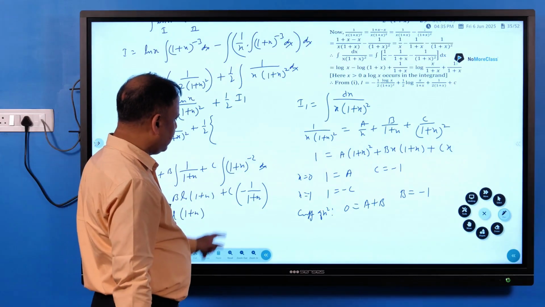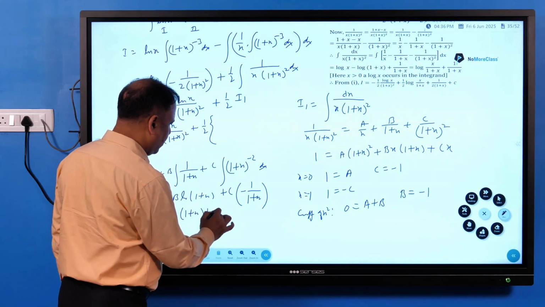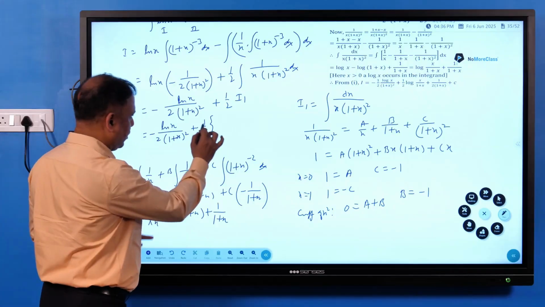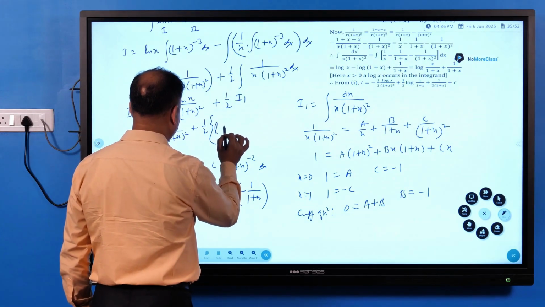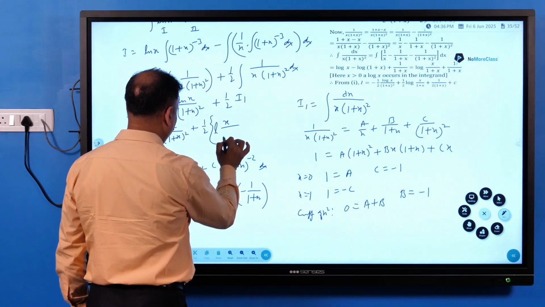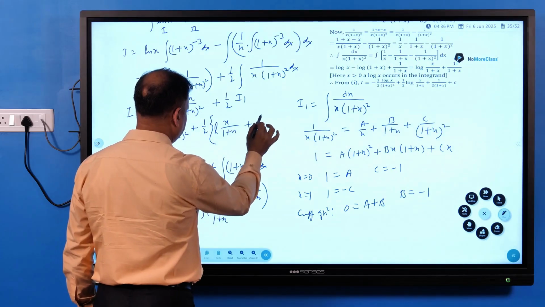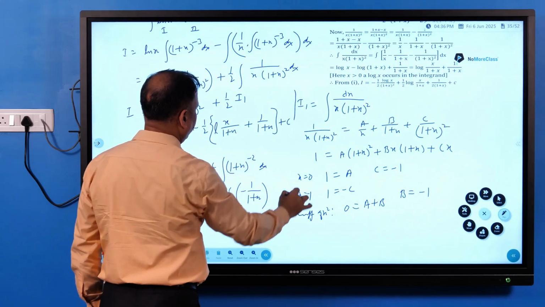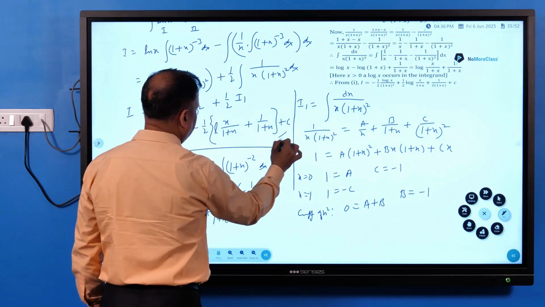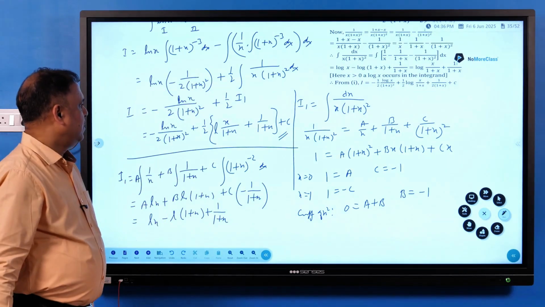And c is how much? Minus 1. So minus minus plus, so 1 upon 1 plus x. This value put here. So log x upon 1 plus x plus 1 upon 1 plus x plus some constant of integration. So this is the answer of that.